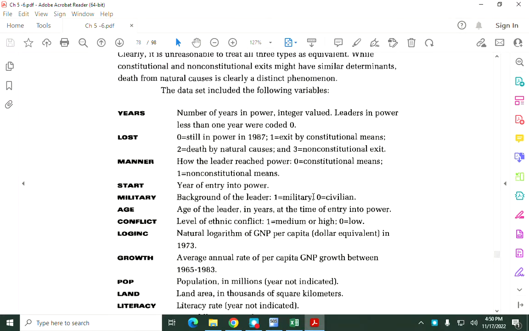So GDP. Do you think high GDP or low GDP defines how the leader is going to get kicked out? Is a rich country or a poor country more likely to have a military coup? Poor country, right? And you tend to have a lot of people not so happy.